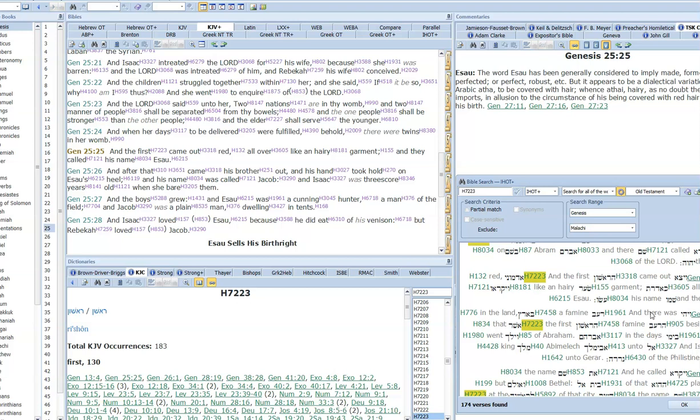I can't even imagine Rebecca giving birth to a werewolf. If the first is referring to the entire baby, then we have to believe that the entire baby came out red and hairy. As opposed to, if we look at this and it's saying essentially not the first, but either the principal, which is not the first, or even better yet, the head.